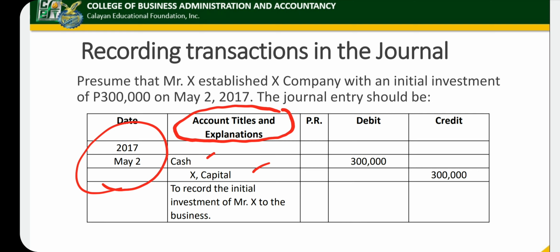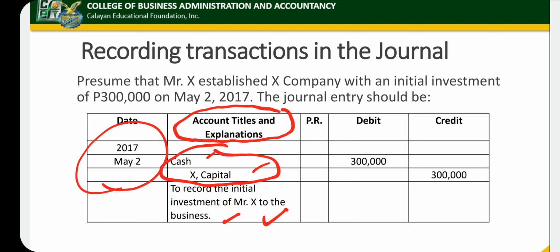So right after writing the account titles affected in this column, we record also the explanation. So the explanations will remind us what the business transaction is all about.